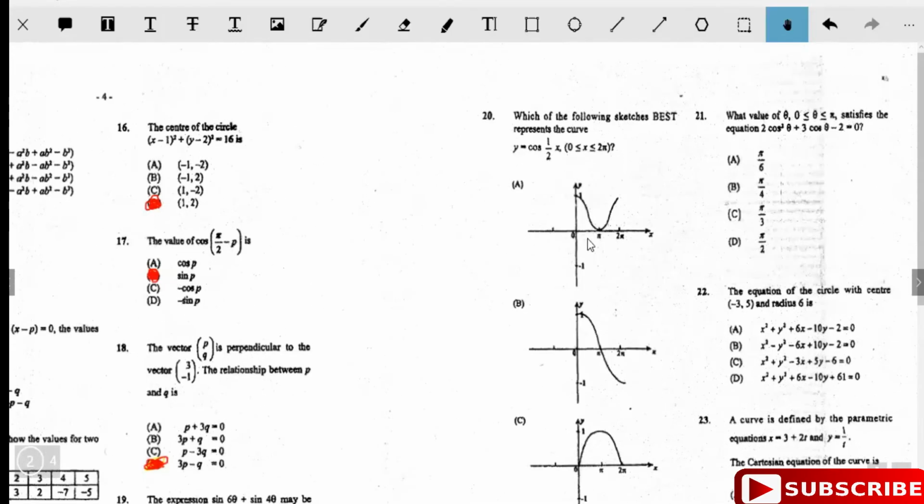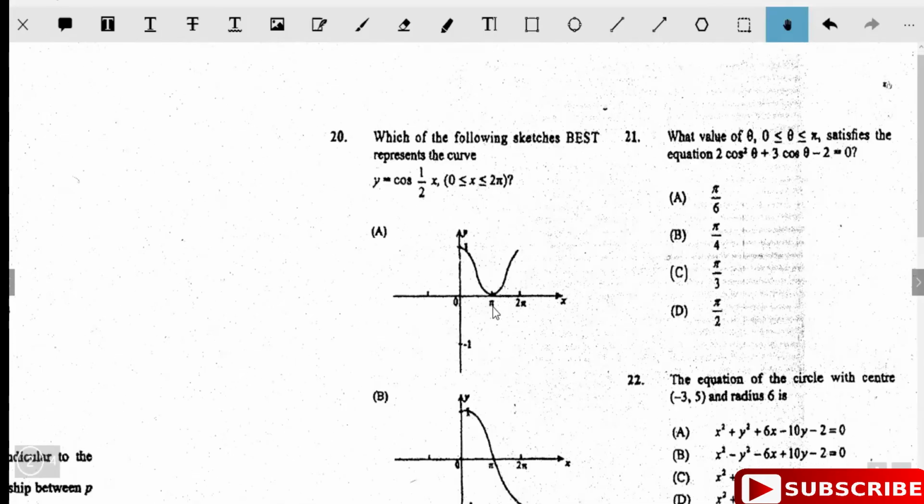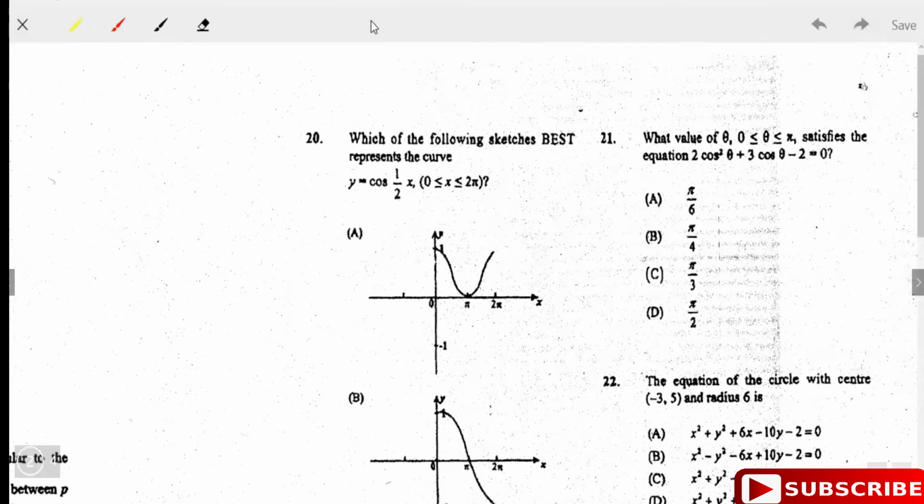Can we see question 20? It says, which of the following, repeat? Beta, not boy, beta. So this is a repeat question, right?